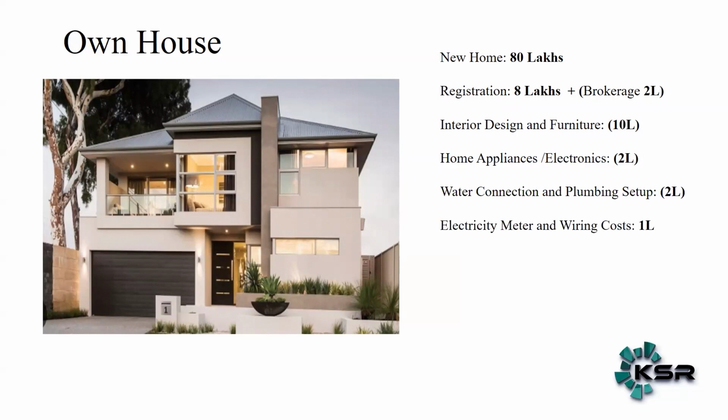Electricity meter, wiring, cost, 1 lakh. And you have to pay maintenance, right? If you have cleaning, or a maid, or anything, it could be another 5 lakhs. Welcome to India.